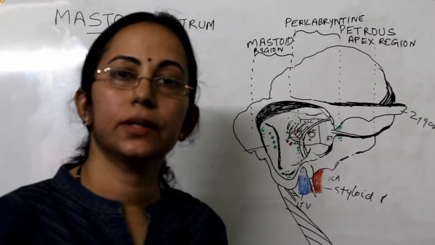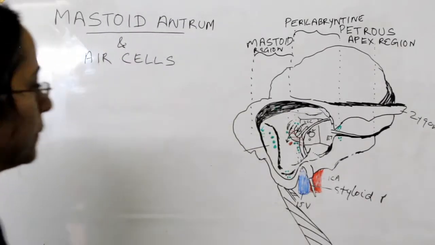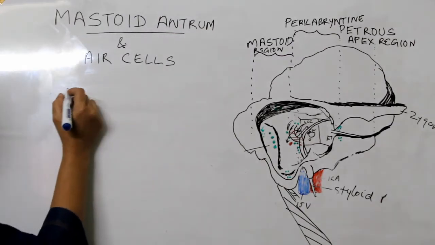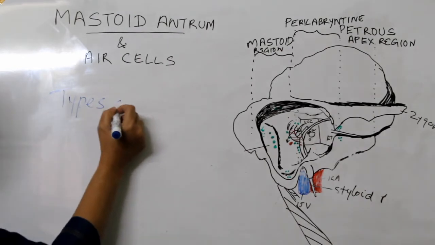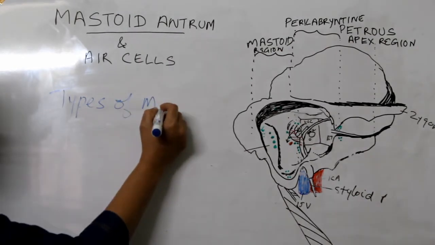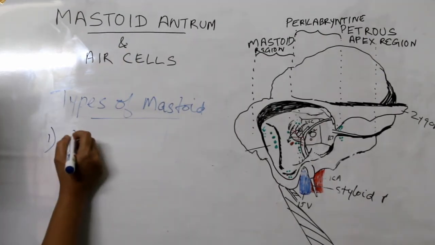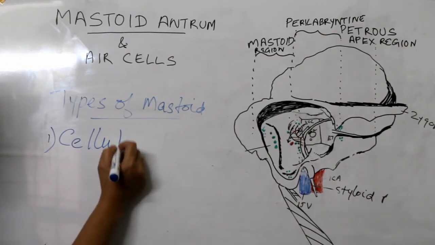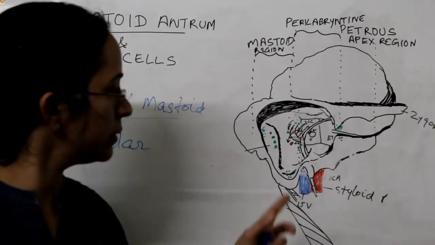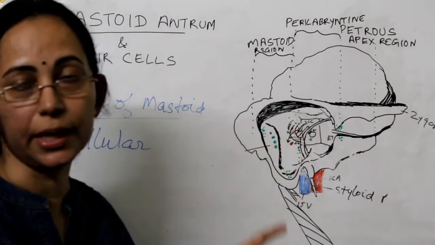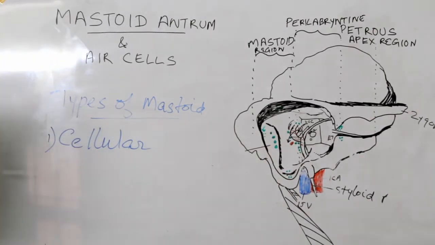So depending on the development, 3 types of mastoid air cells are seen. Types of mastoid. Cellular, that is, a well pneumatized mastoid. There are so many air cells separated by thin intervening septa.